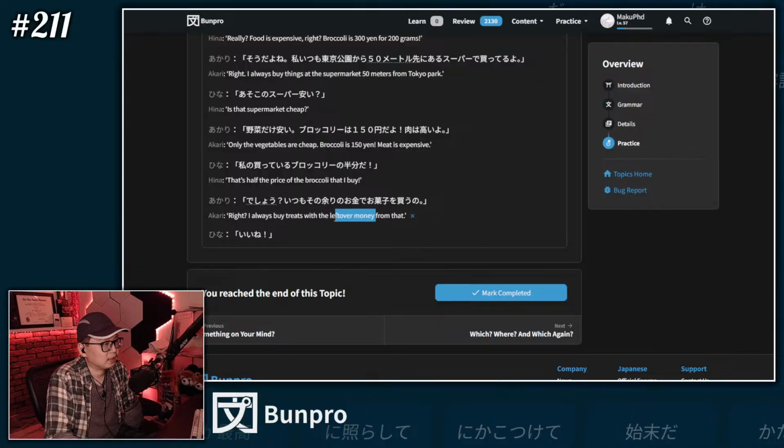Leftover money from that. So they used a phrase, amari no kane de. By context, I thought it would be, I always buy treats with the money I saved from that, as opposed to leftover money.